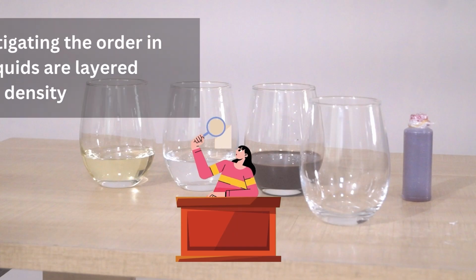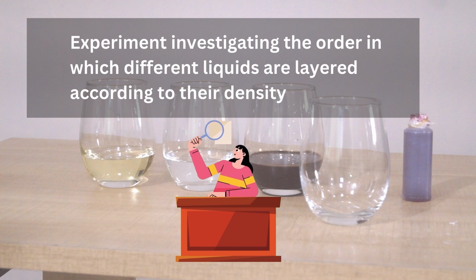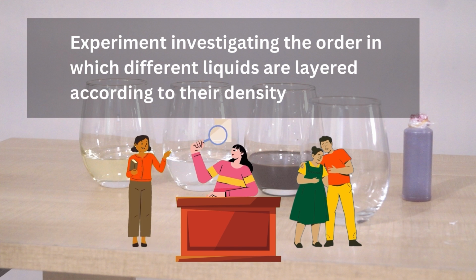Great! Check out this experiment investigating the order in which different liquids are layered according to their density. Students can try this experiment at home or at school under the supervision of their parent or teacher, following all safety precautions.